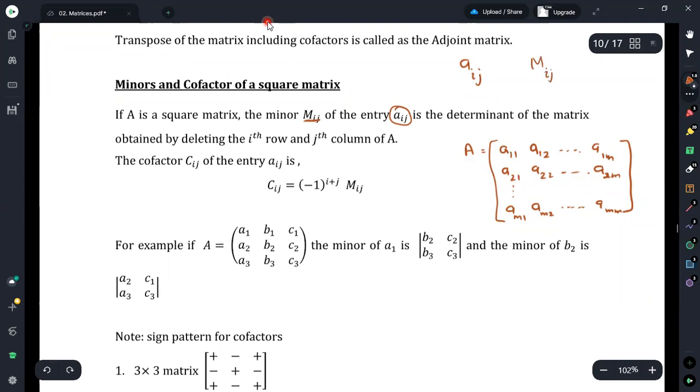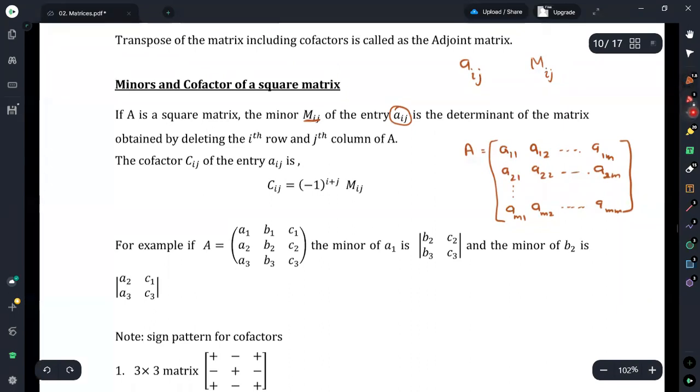Therefore, each Aij element is associated with a minor which is denoted by Mij. And when we are obtaining the minor Mij for the entry Aij, it can be taken by obtaining the determinant of the matrix obtained by deleting the ith row and jth column of the matrix A.